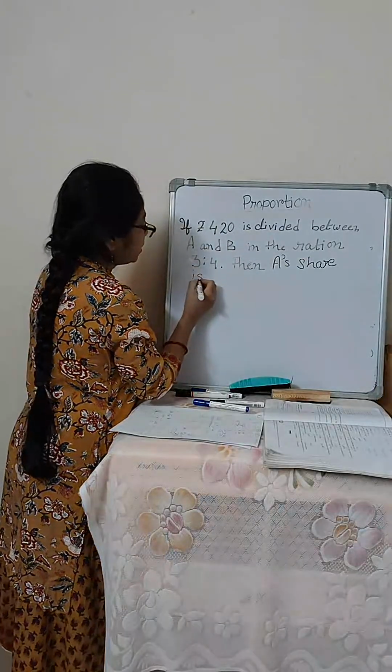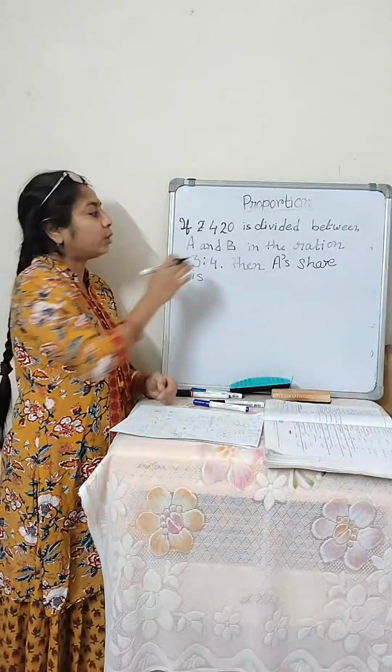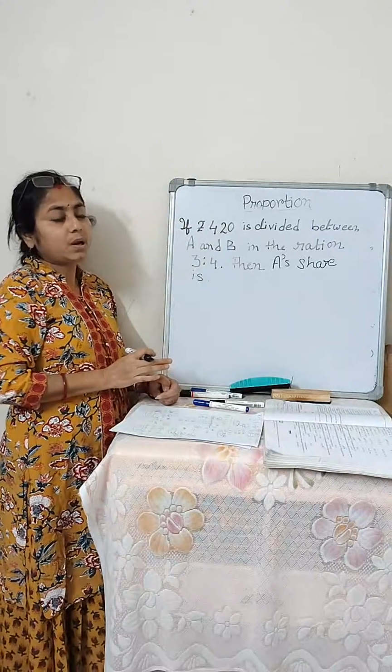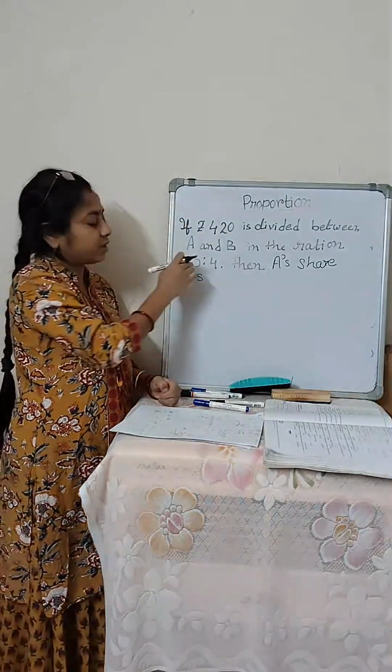First, what is the total amount of rupees? Total rupees is 420, and A is to B is 3:4.